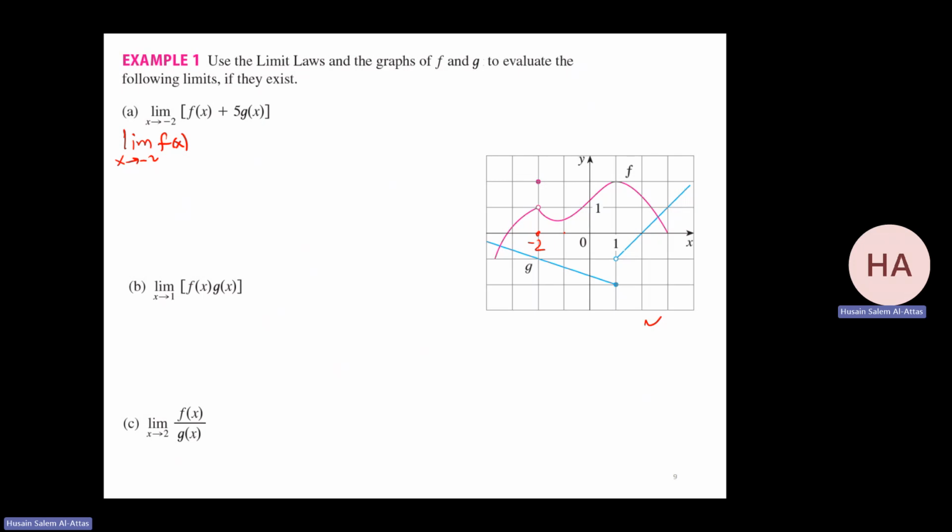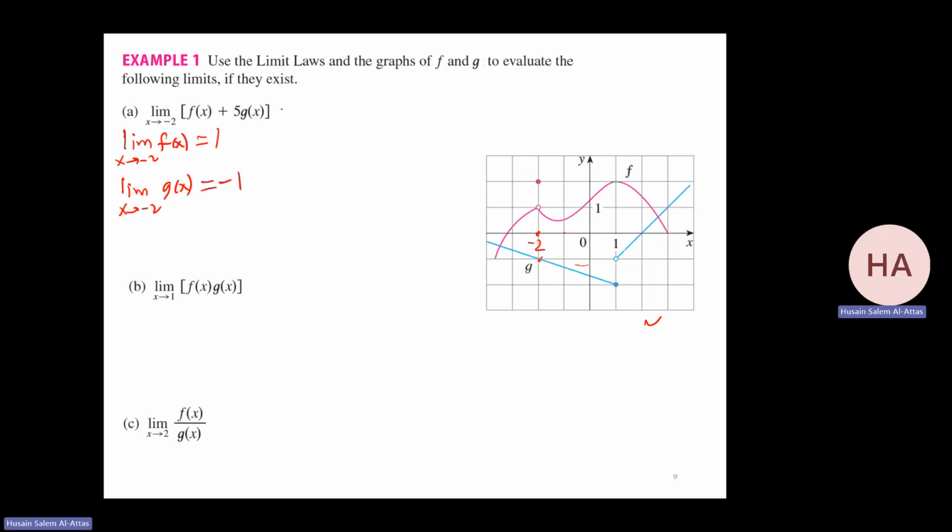So at minus 2, the limit of f of x is, for sure, 1. What is the limit as x goes to minus 2 of g of x? G of x at minus 2 will be minus 1.